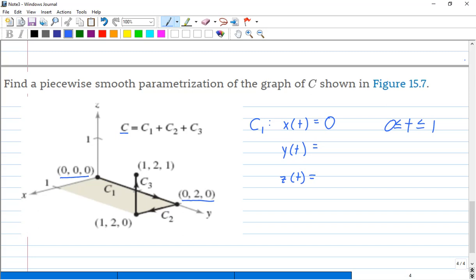Now to get from 0 to 2, there's a couple of ways you could get from 0 to 2. And this function is of t. But whatever equation I come up with, whenever I plug in 0 for t, I want to get out a 0 for y. And when I plug in 1 for t, I want to get out a 2 for y.